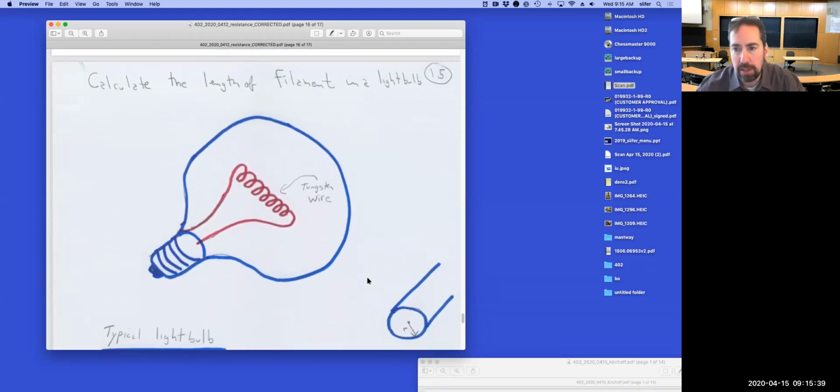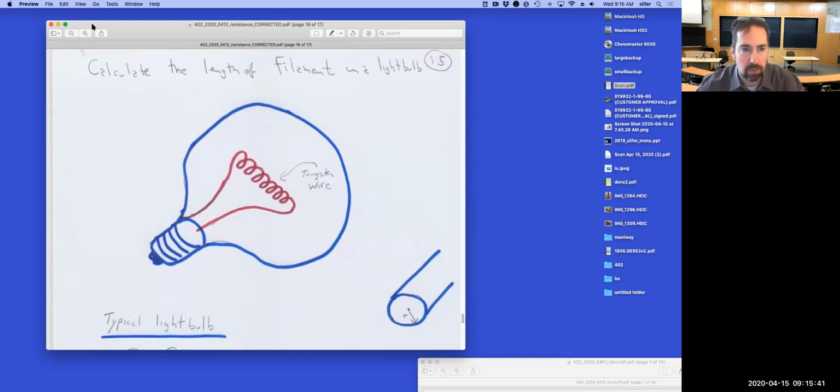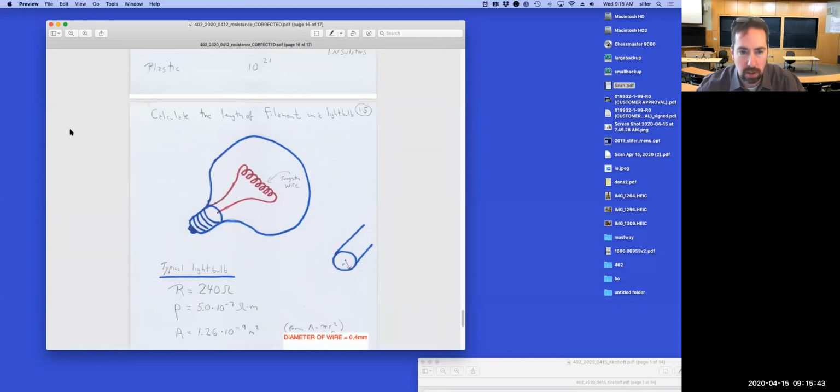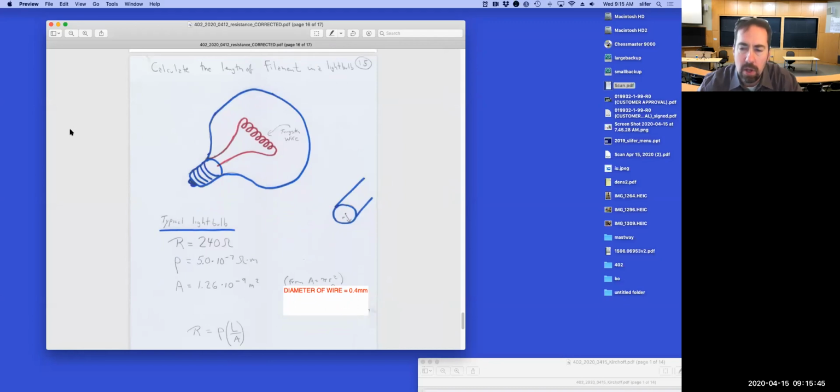So the part that I did not get into was trying to use this in an example. If you go to the store and you buy an old-style light bulb, not an LED or some other type of light emitting device, just an old Edison type light bulb, you look inside, there's a coil of something.